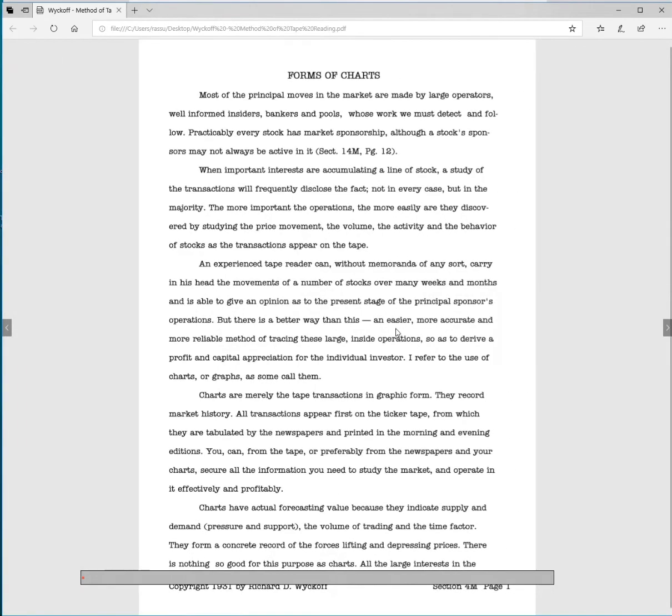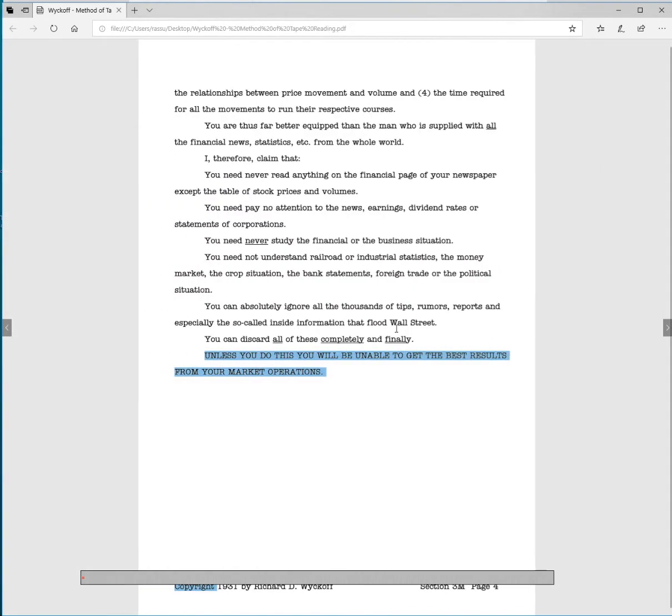Okay, there's a lot of truth to that, but also, if you're trading short-term operations, you want to be aware of news. So when he's writing this, he's saying look at the tape, and that's fine.